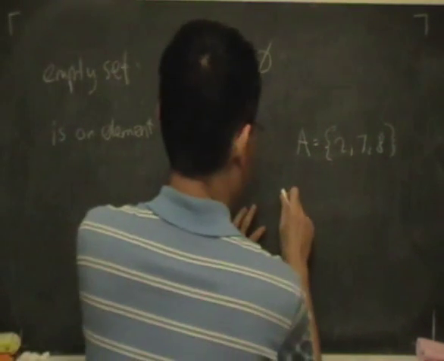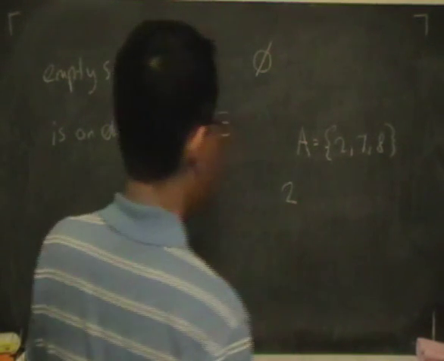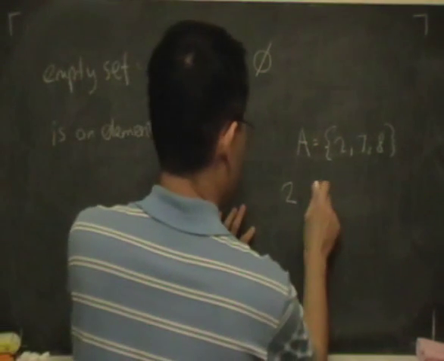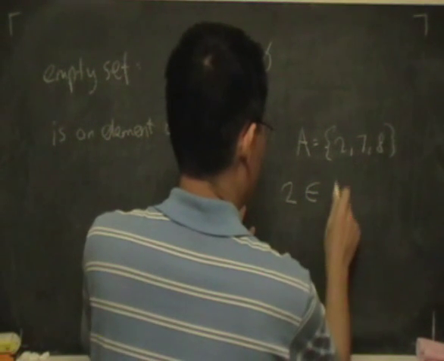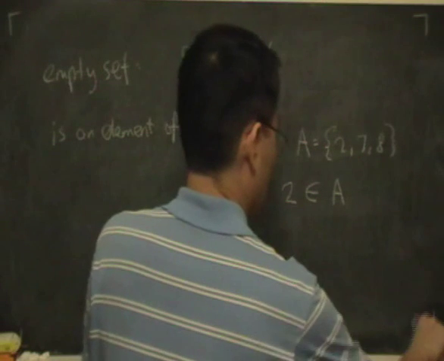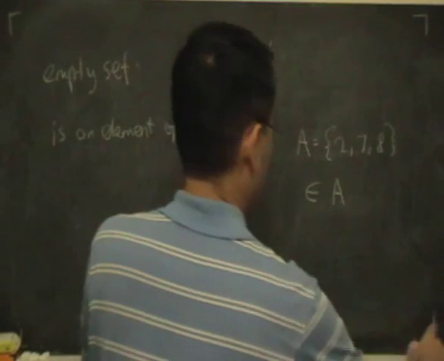I can write 7 followed by that symbol followed by A. Alright, I was talking about 7.